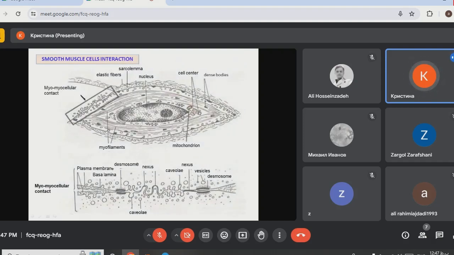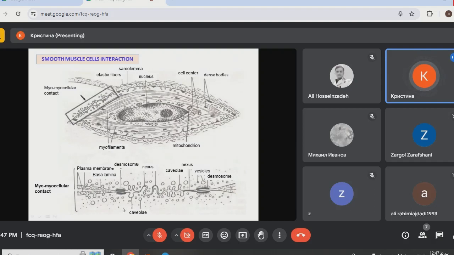The smooth muscle cells interact with each other because they are attached to each other to form bundles. Here is the cytoplasm of one cell, and the second cell is here. And here is the intercellular contact, the junction between two smooth muscle cells.